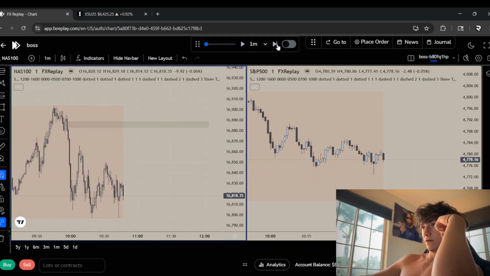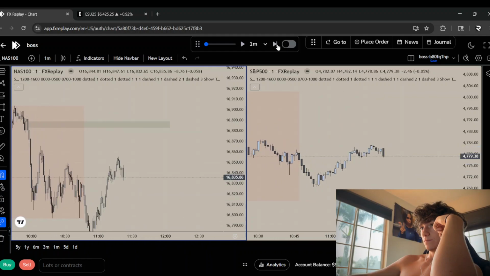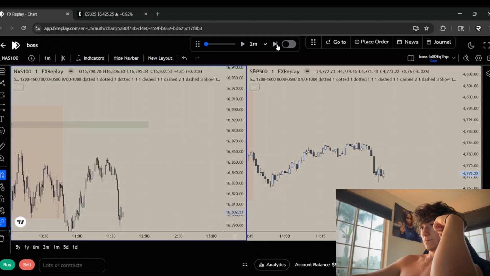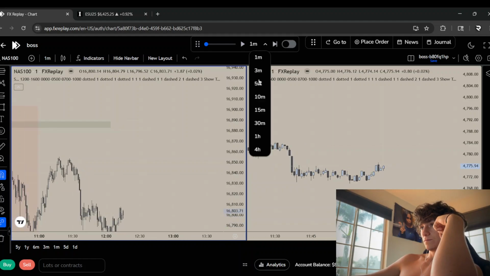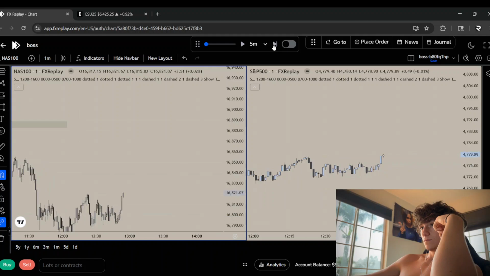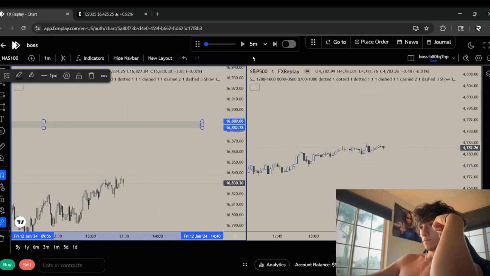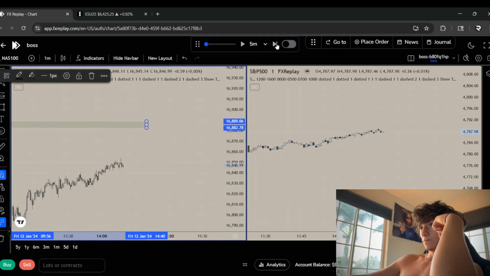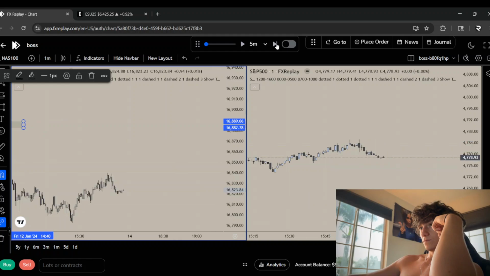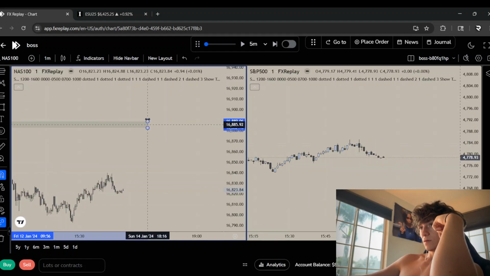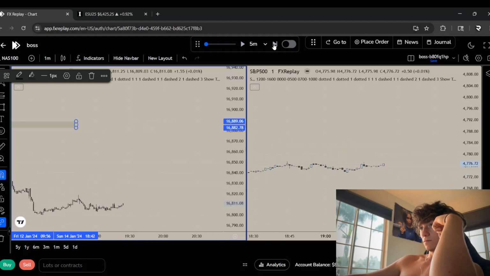Will this gap hold later into the day? Maybe not.